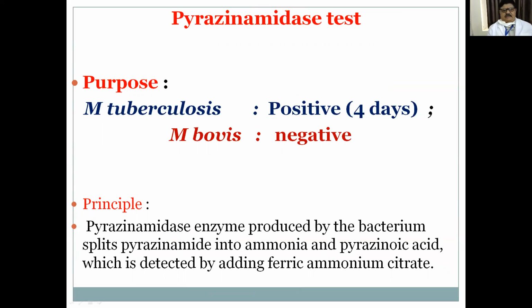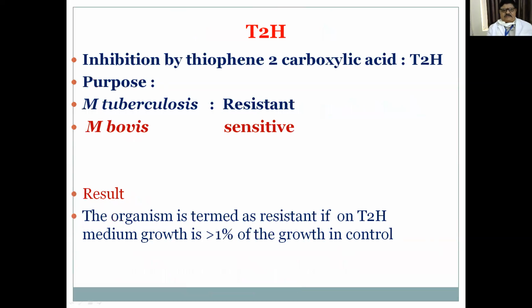Pyrazinamide test. Pyrazinamide is positive after 4 days in case of Mycobacterium tuberculosis, negative in case of bovis. Again, TCH, Mycobacterium tuberculosis is resistant. That means it can grow even in the presence of TCH, whereas Mycobacterium bovis cannot grow.